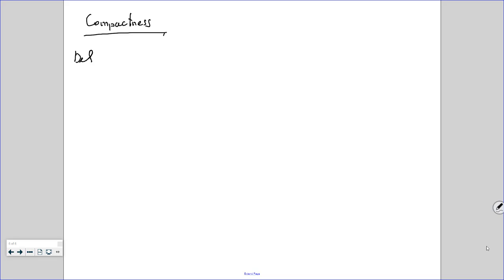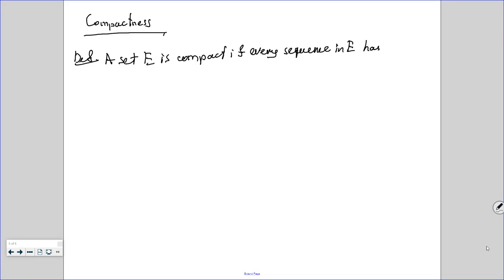Let's define what compactness is. A set E is compact if every sequence in E has a subsequence that converges to a limit that is also in E.